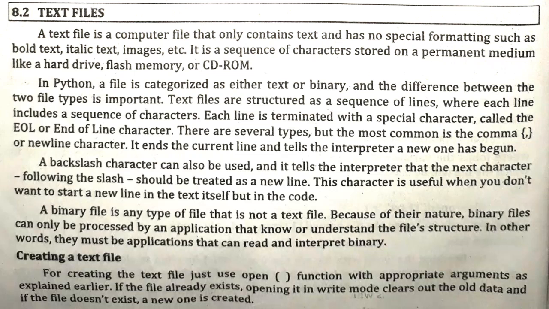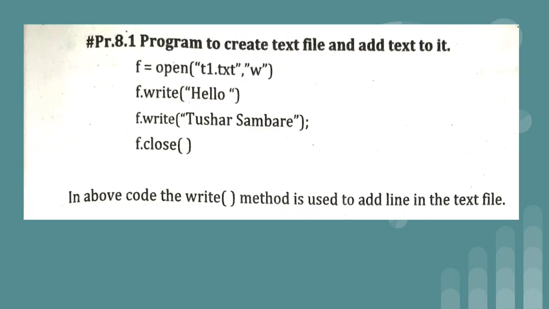So binary files are nothing but normal files, but they are actually processed by the applications, not by the users, like in the case of a text file. The topic which we are now going to start is how we will create a text file in Python. This is the program to create a text file, and we are adding some text into that file.